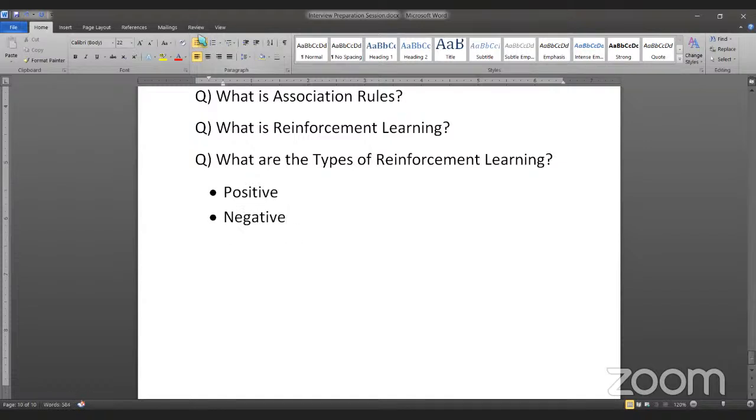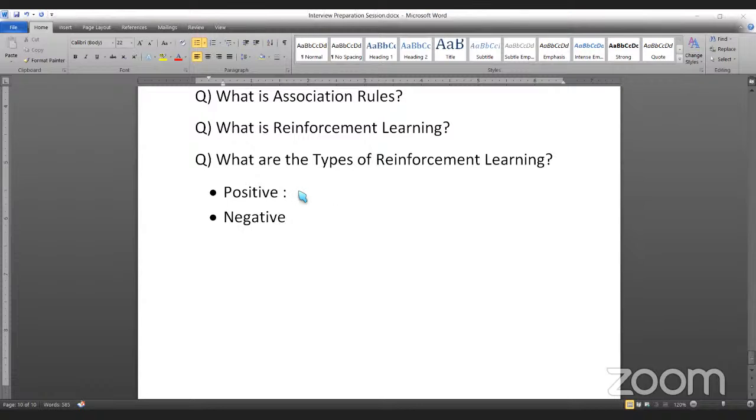In positive reinforcement, the learning agent, when it does a thing which we want it to do, we give it a reward.